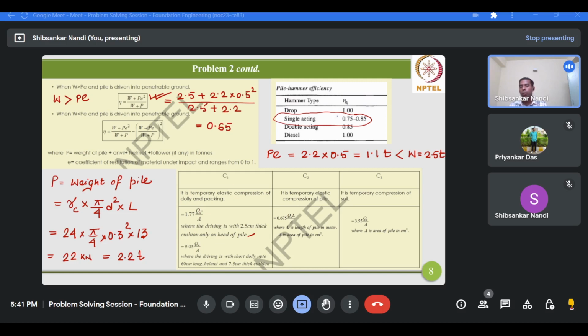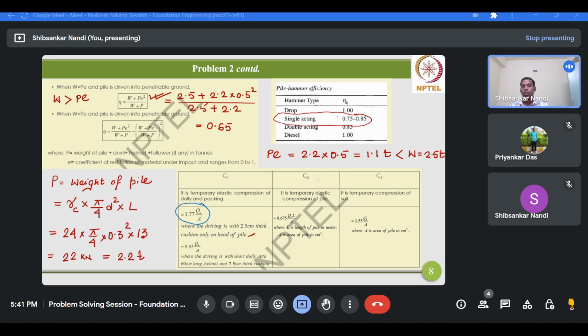QU is the ultimate resistance of the pile, and A is the cross-sectional area of the pile in centimeter square. Okay, so this is for C1. So we'll use 1.77 times Q by A to calculate C1, since the driving is with a 2.5 centimeter thick cushion only on the head of pile.